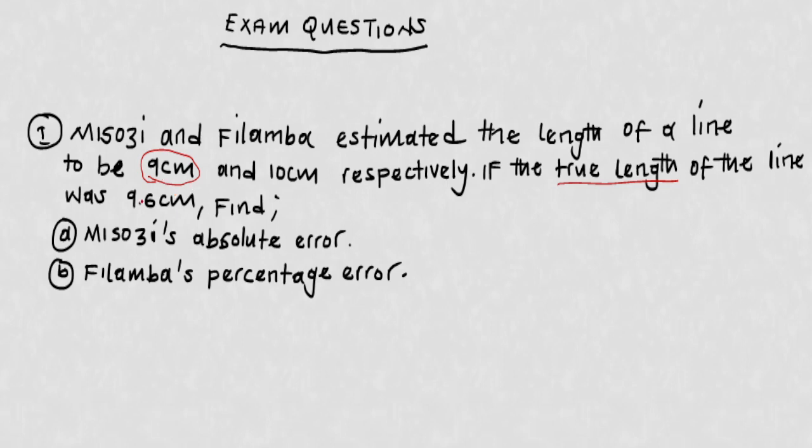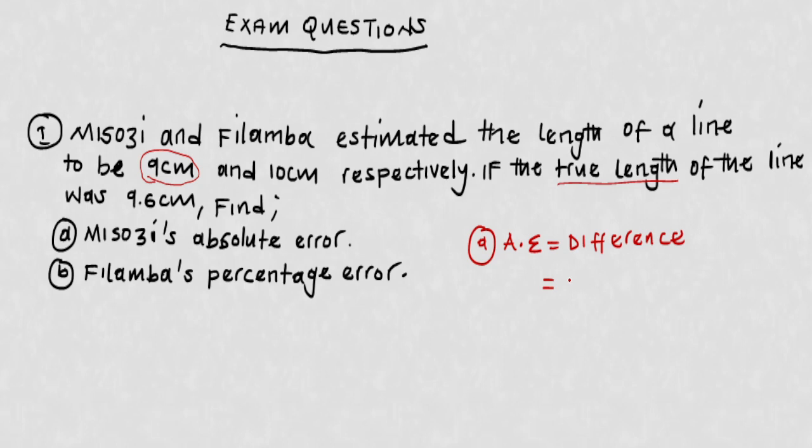So for part A, in order for us to get the absolute error, we are going to get the difference between the two values. In getting the difference, we say which one is the bigger one, then subtract the smaller one.